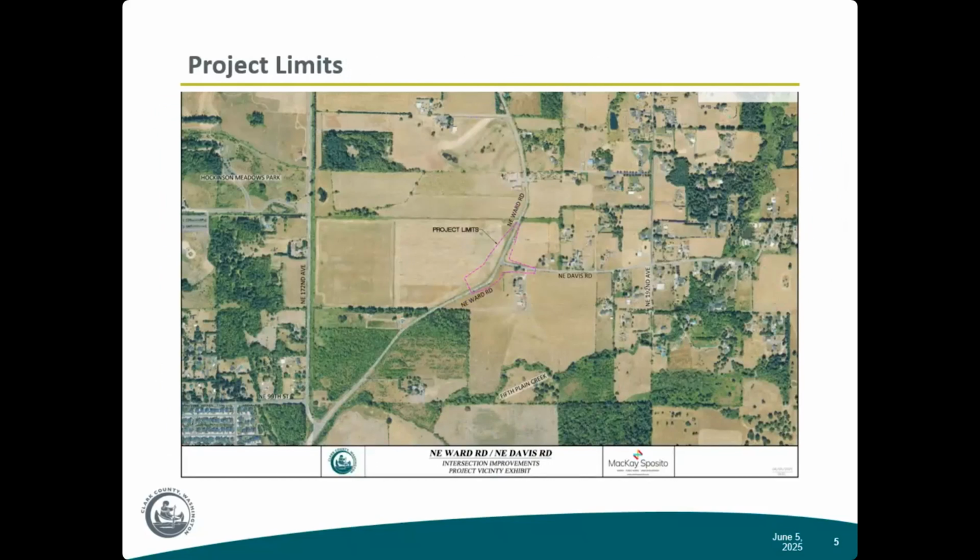That doesn't mean that's the whole size of the roundabout. That's the area that the work and all the other stuff may impact throughout the process. So when we look at steps like the environmental permitting process, that's what comes into play there.